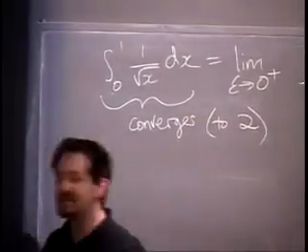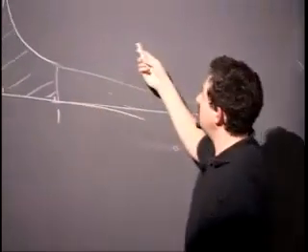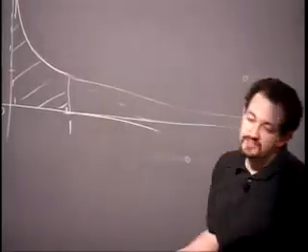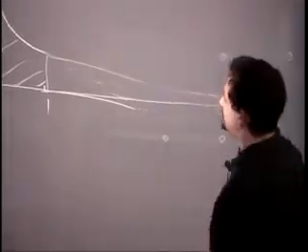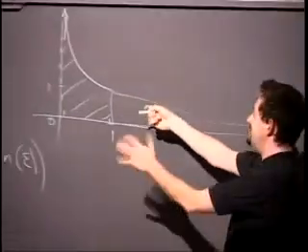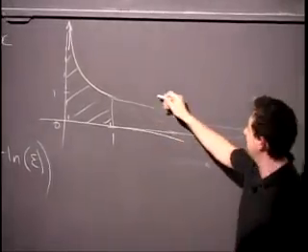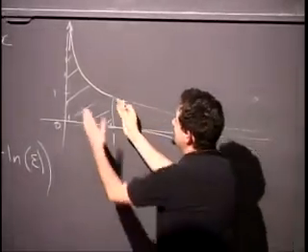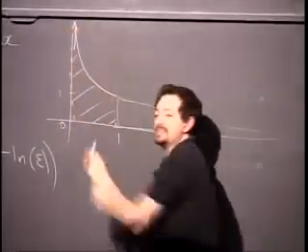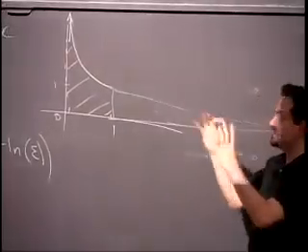So the interpretation is that if this picture over here is actually y equals 1 over root x, of course I'm not claiming it's the same function, but this would be a semi-decent graph of y equals 1 over root x, then this area, even though it's infinite in extent, it goes up, the actual area is 2.